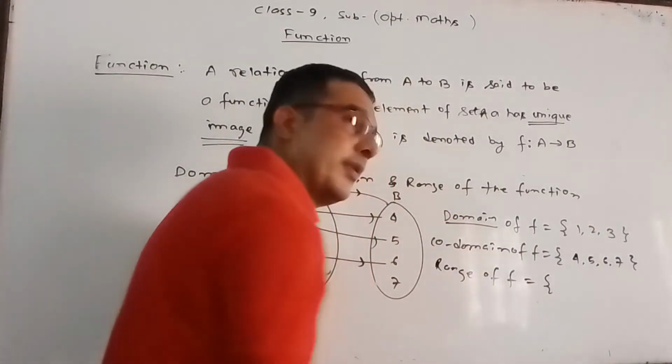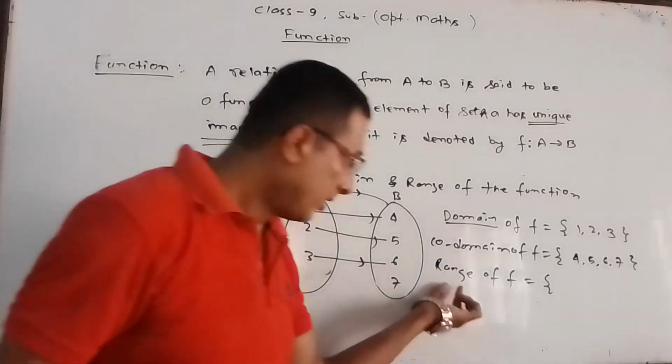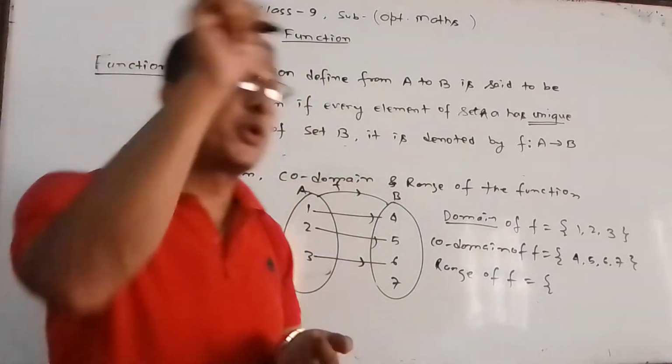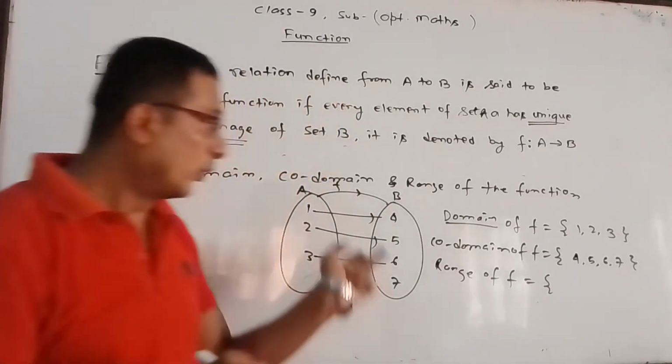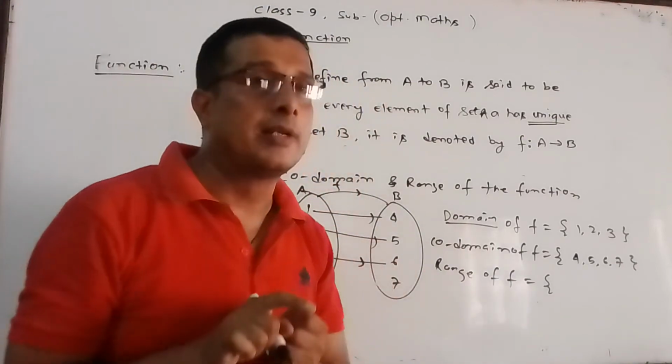Range of F, listen carefully. All elements of set B mapped with set A are called the range. Which elements of B participate in the mapping?